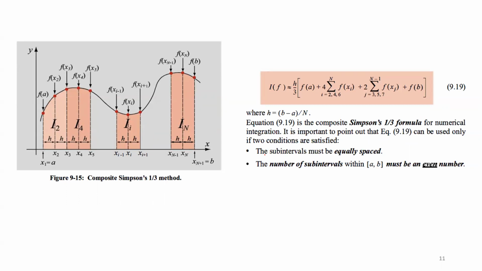So Simpson's formula, we like to go through the derivations, but we don't have time. So where do y'all suppose this comes from? Newton's. I'm going to have to get back to where this actually comes from.